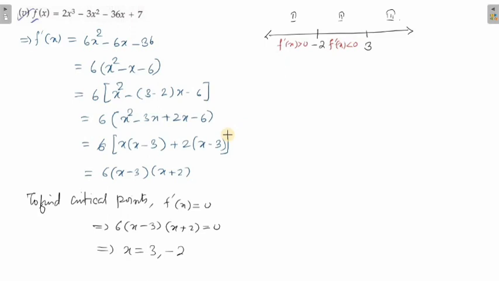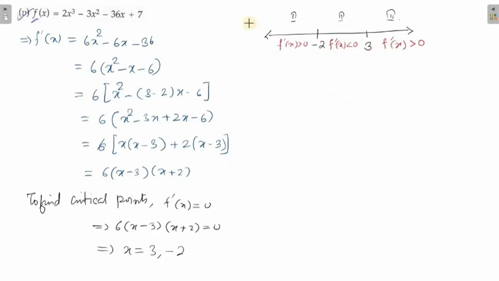Now choose any value from region 3, for example 5. Put x equals 5, so you get 2 and 7, both positive, so positive into positive is positive. So f dash of x is greater than 0. After drawing this diagram, we are done.